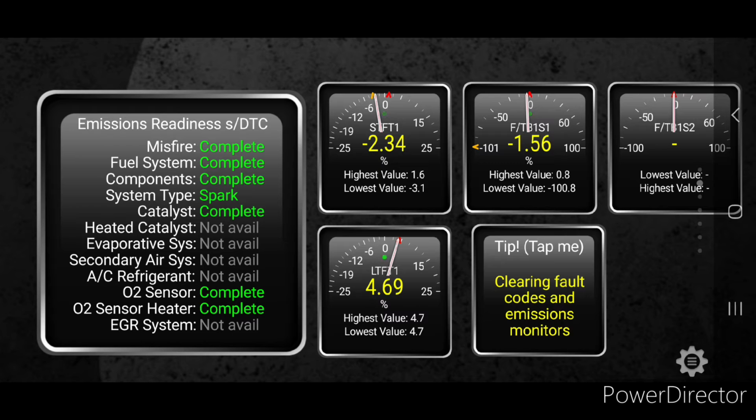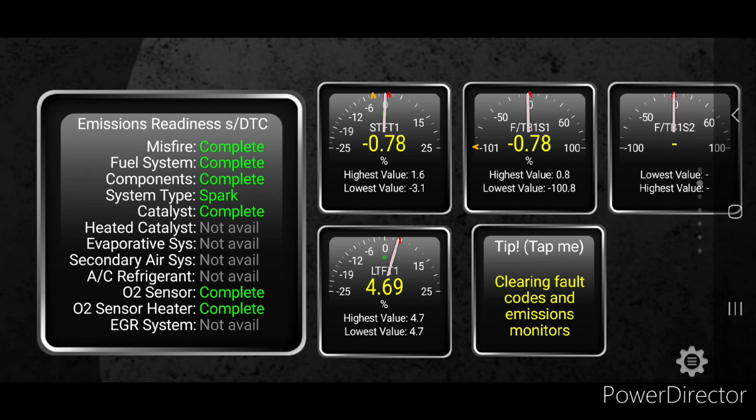So the oxygen sensor is detecting that there is a good emission produced from the engine. What is this, highest value, fuel trim, bank 1 sensor number 1, that is percent fuel trim. What is this?